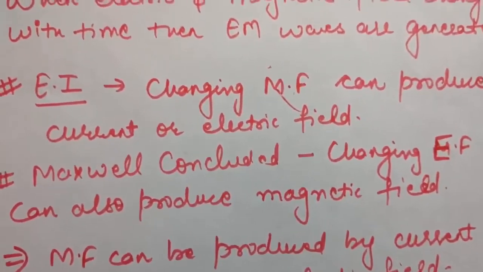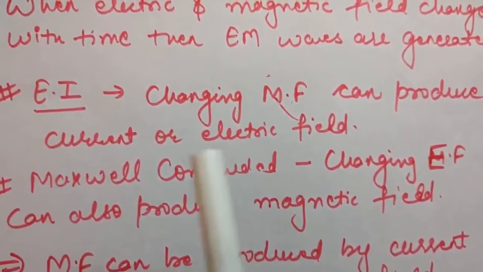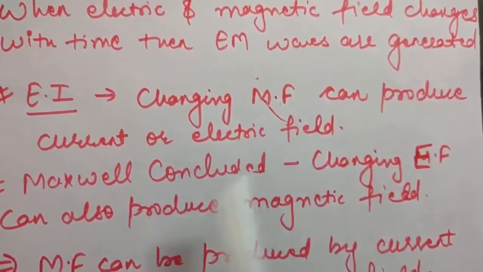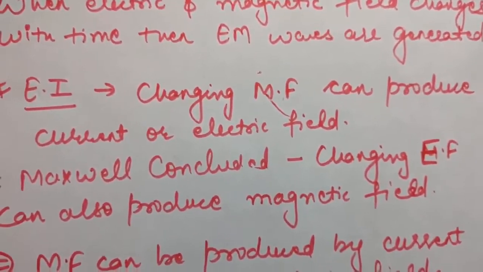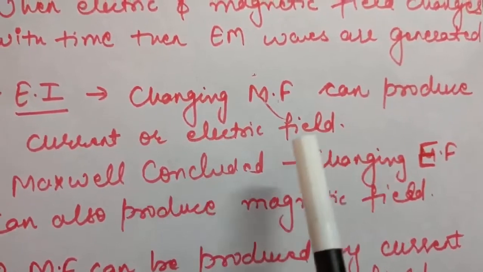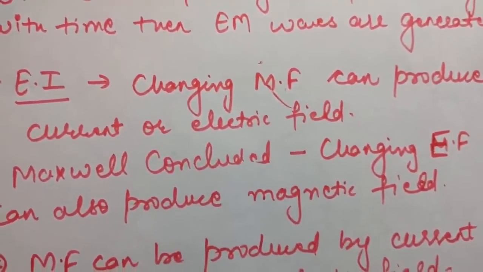Now in electromagnetic induction, you have studied that Faraday concluded that changing magnetic field can produce electric field. This you have already studied in electromagnetic induction. But now the question arises, is the reverse true? That is, can changing electric field produce magnetic field? Okay, so I am repeating it again.